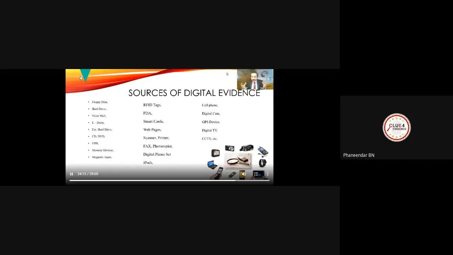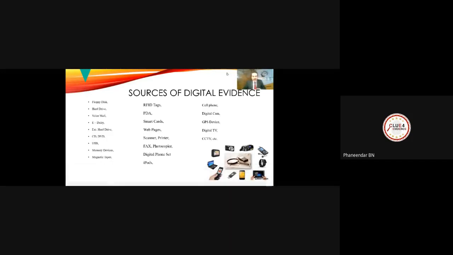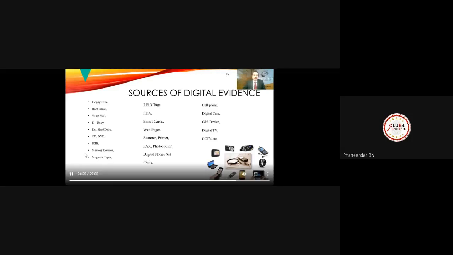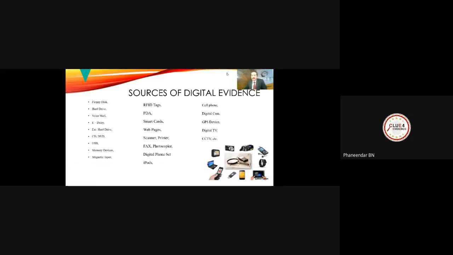If I just want to read out the list on the screen, it includes all the hardware: floppy, hard disk, voicemails, electronic diaries, external hard disks, CDs, DVDs, USBs, memory devices, magnetic tapes, RFID tags, PDAs, smart cards, web pages, scanners, printers, fax, photocopiers, digital mobile phones, iPods, cell phones, digicams, GPS devices, digital TV, CCTV, etc. Because there might be many such devices which we have not listed here, but they are going to be under the explanation of electronic device.